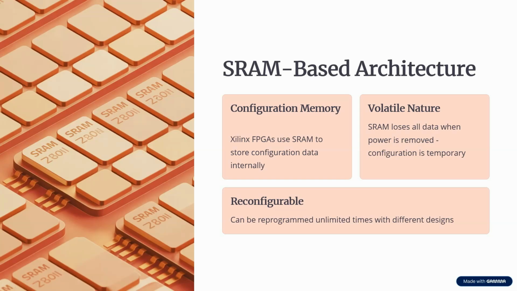And this is volatile in nature, as we have already discussed about SRAMs. If you remove the power connection, all the configuration data you have stored inside this SRAM will be erased, and whatever you have configured in the FPGA will be in a reset condition.